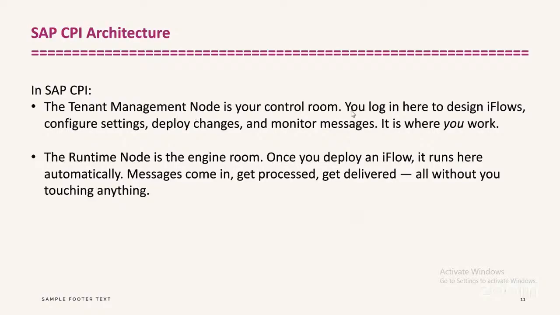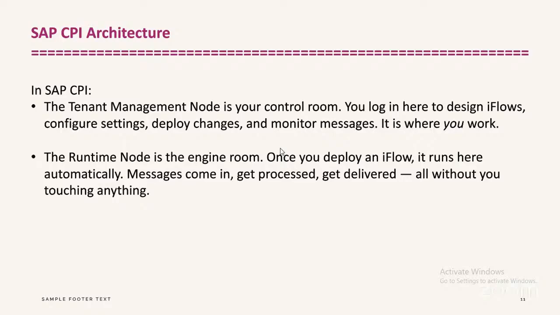For example, you can log in here to design the iFlows, configure the settings, deploy the changes and monitor the messages. It is where we work. It is like our CPI URL. Once you log into CPI, there are some palette functions to use, and all that I consider the tenant management node.